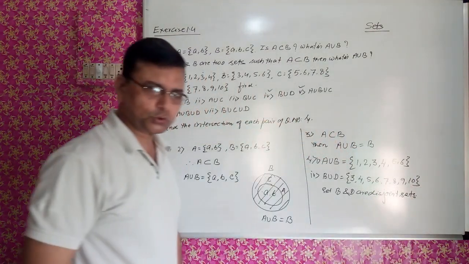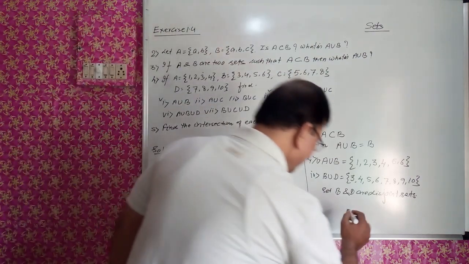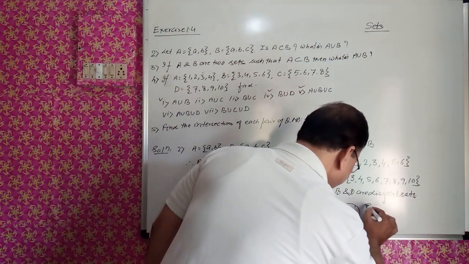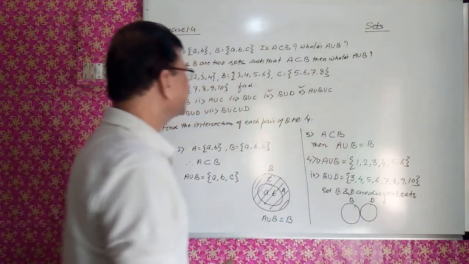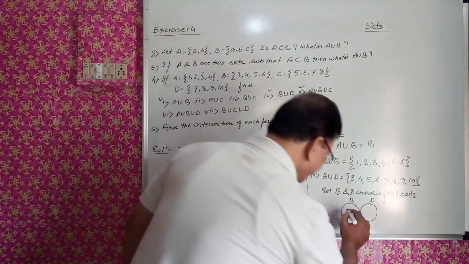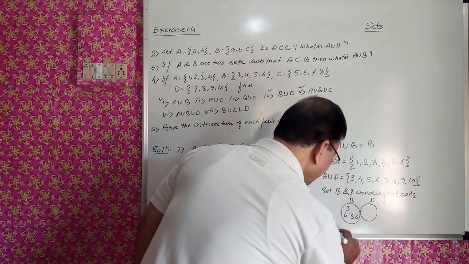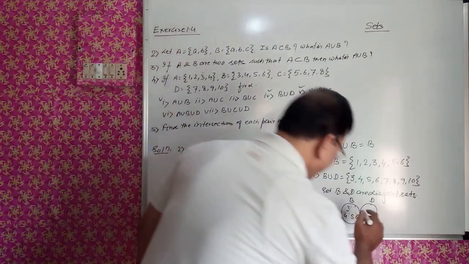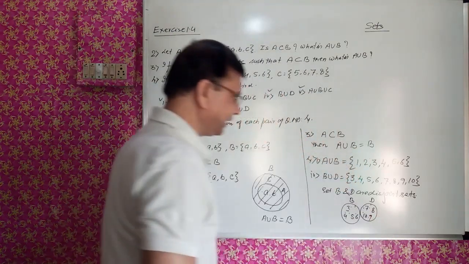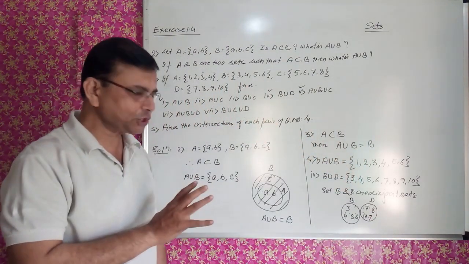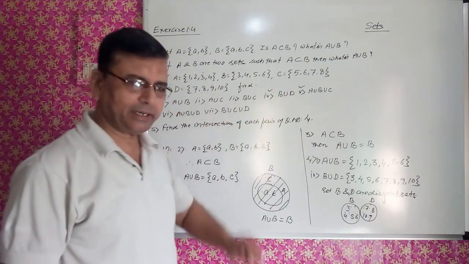We can write like this also. And disjoint sets are shown in a Venn diagram like this. This is B and this is D. In B, the elements are 3, 4, 5 and 6. And here 7, 8, 9, 10, these are the elements of D. And they are disjoint. Nothing is common in these two sets. So all the elements of B and D are taken. That is B union D.